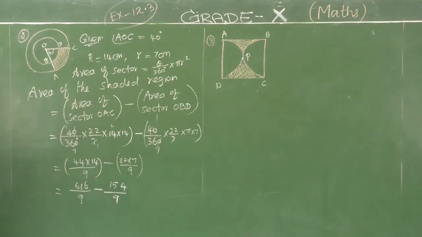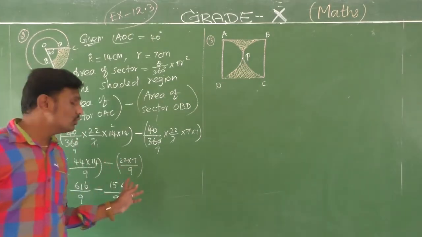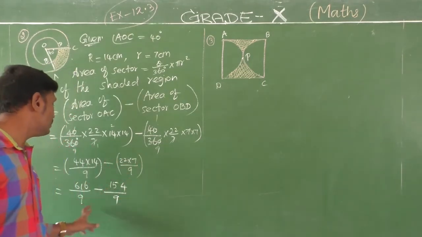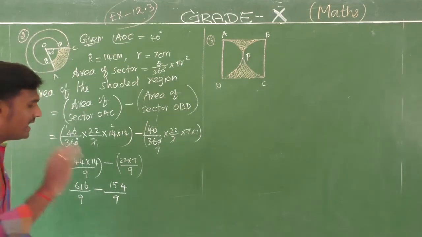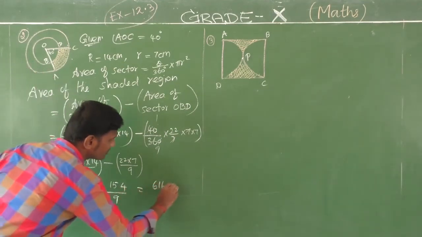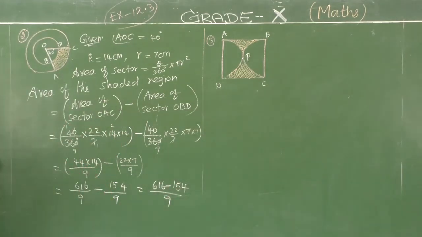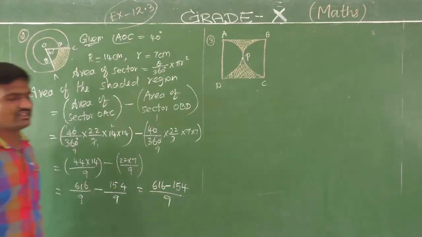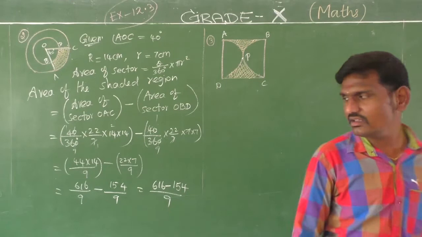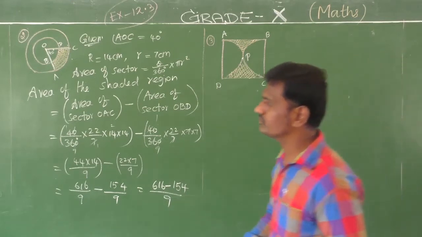Now subtract 616 minus 154. Subtract the two numerators only, because the denominators are the same. So 616 minus 154 by 9. Now 6 minus 4 is 2, 11 minus 5 is 6, 5 minus 1 is 4. 462 by 9. Yes, students.